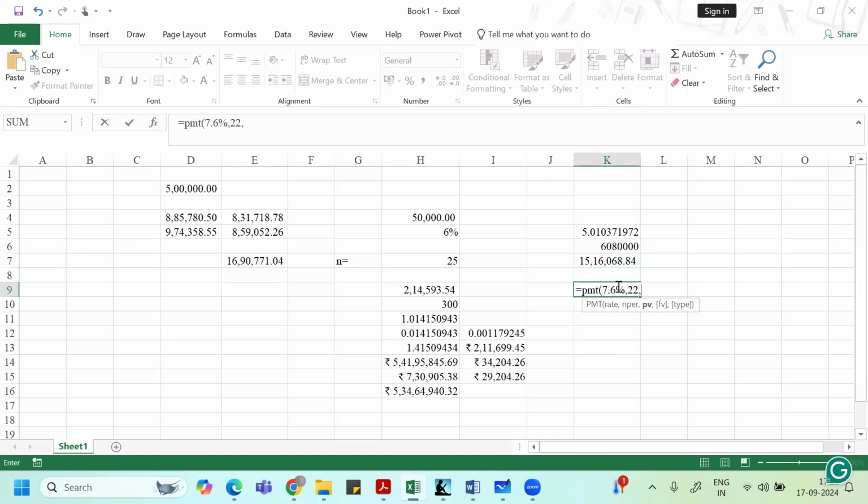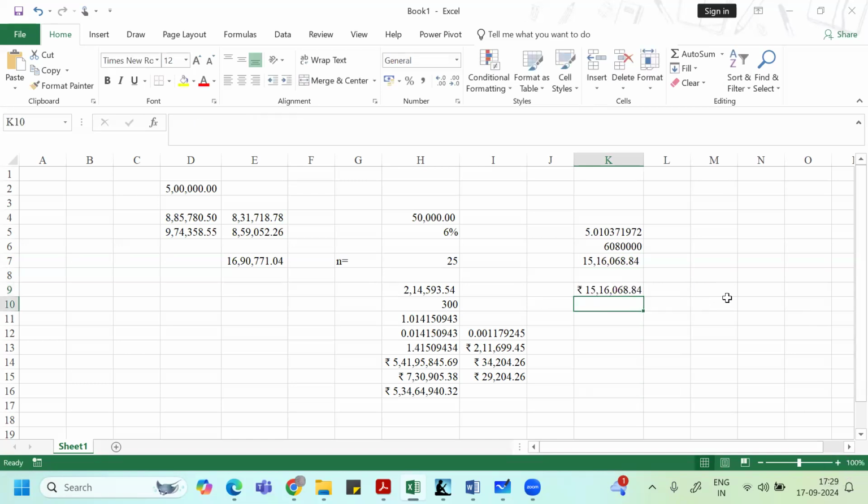PV would be 0. FV, future value. Here they're giving the future value in brackets, so use a minus sign. It is just a quirk in Excel. And write 8 crore, 1, 2, 3, 4, 5, 6, 7. Type would be 0. So if you do this, you'll get the answer.